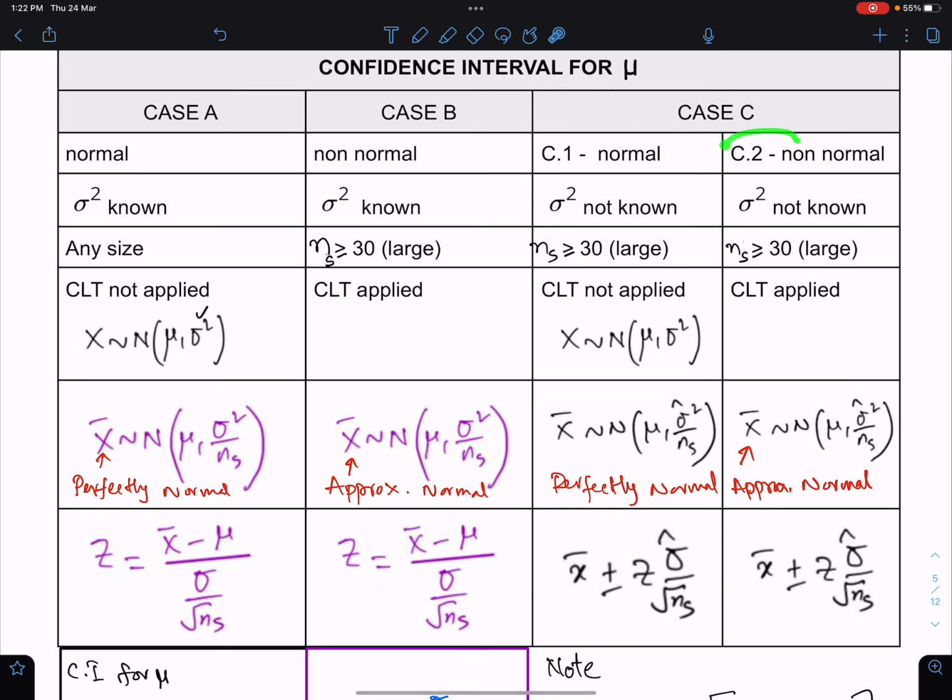Now case C2, population is non-normal. In case B, population was non-normal, sigma square was known, sample size is large. Because of these two things, CLT was applied.